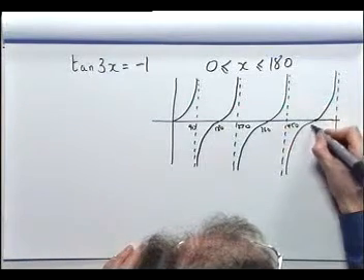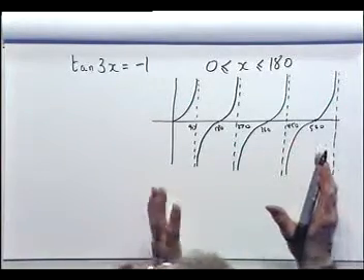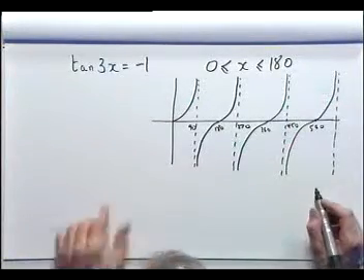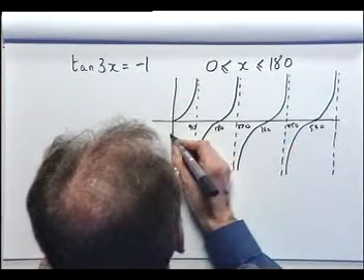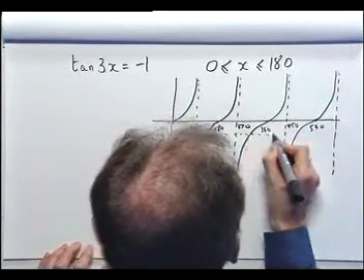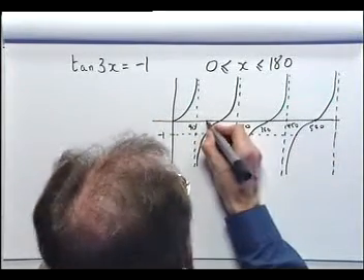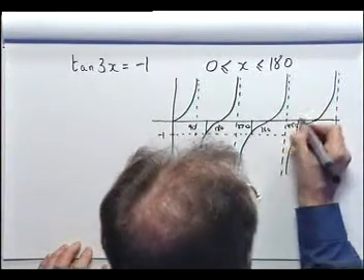This one here will be 540. And that's as near or as far as we need to go. Tan of 3x is minus 1. So here's minus 1. And we go across here, picking off all the ones that we need. So we've got one there, there, there.